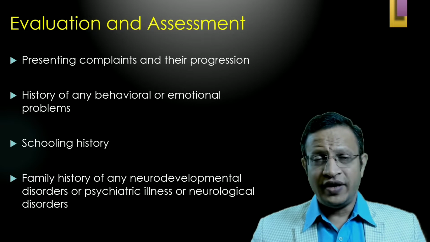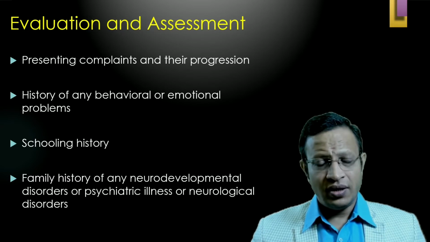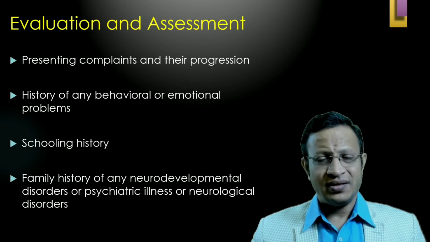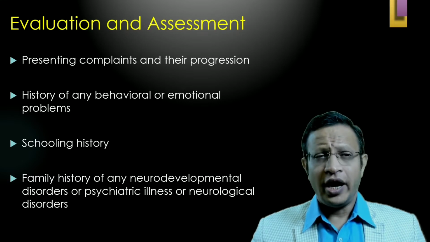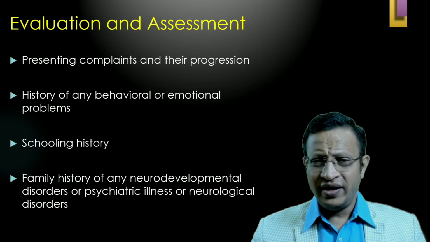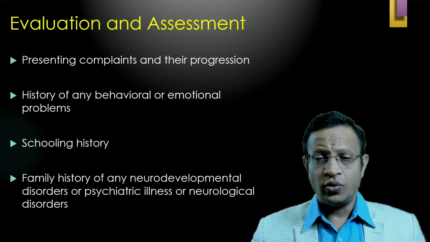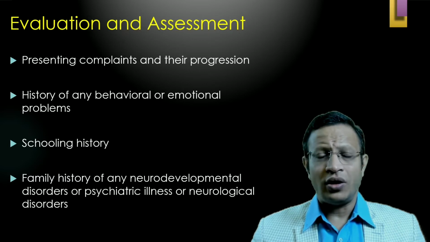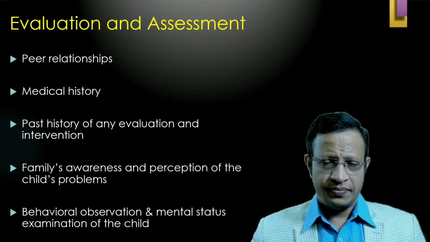What are the assessments we need to plan? First and foremost, one needs to take the history, look at the complaints, how these complaints have been progressing. At the same time, history of any behavioral problems, emotional problems, schooling history, how the child was scoring, any history of school refusal, separation anxiety, family history of any neurodevelopmental disorder, either on the father side or the mother side, any psychiatric illness or neurological disorder.